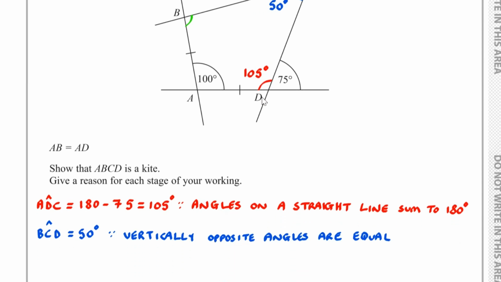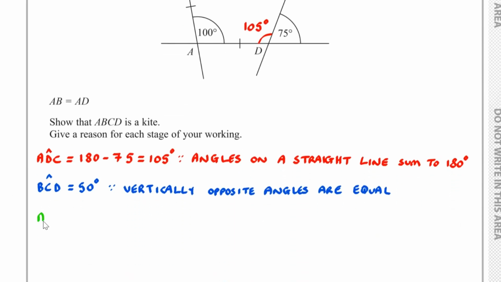So the angle ABC is equal to 360 subtract the 100, subtract the 105, subtract the 50.